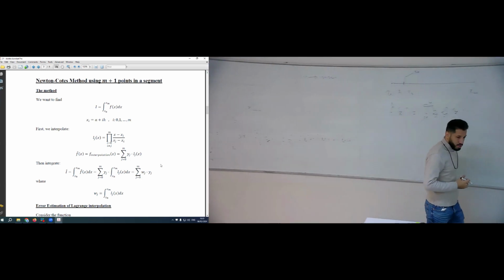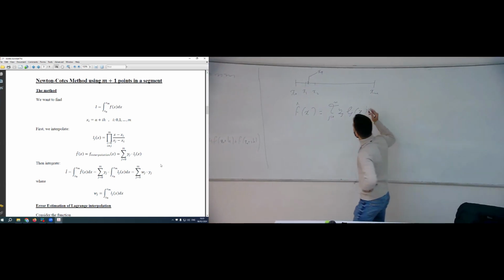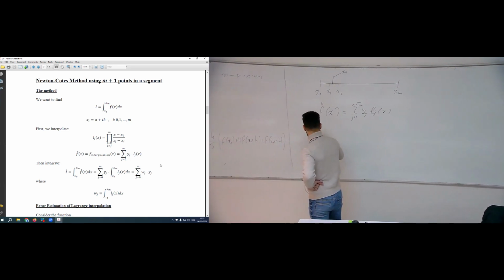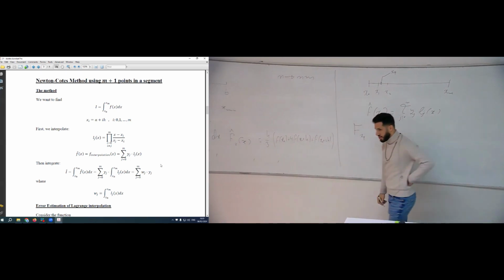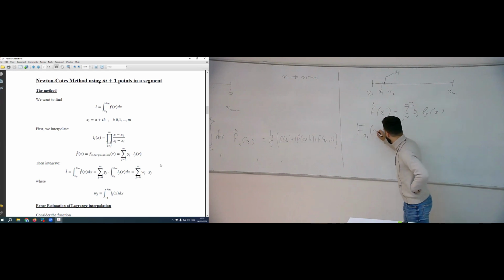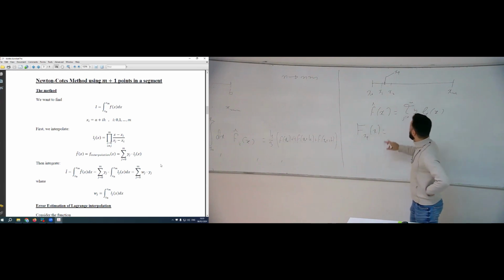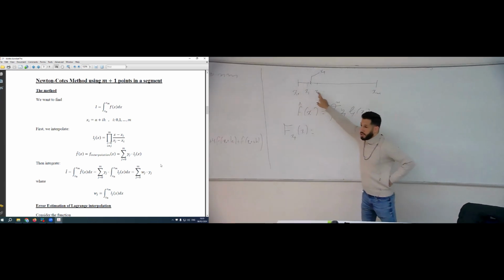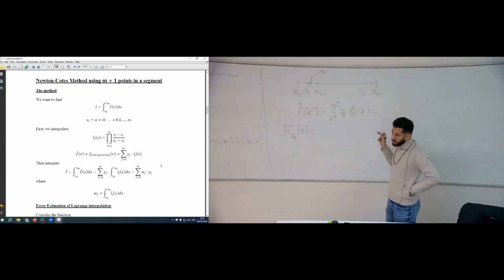So how do I do this? I define a function F of x, which depends on xp, which has m plus 2 zeros. This is significant. Why do I do this?